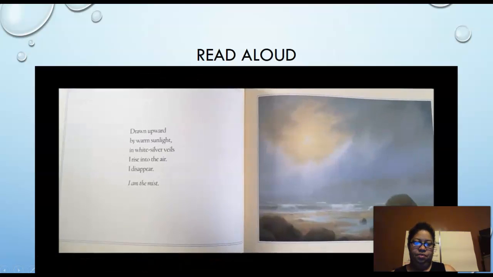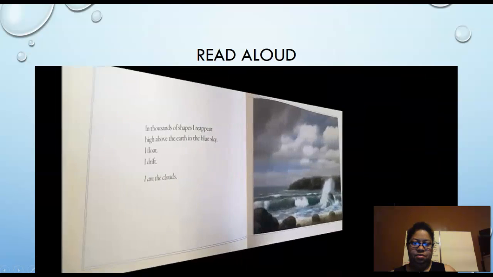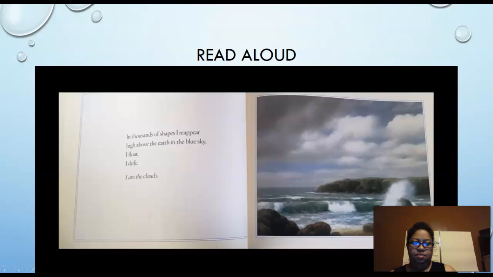Drawn upward by warm sunlight, white silver veils, I rise into the air. I disappear. I am the mist. In thousands of shapes I reappear, high above the earth and the blue sky. I float, I drift. I am the clouds.